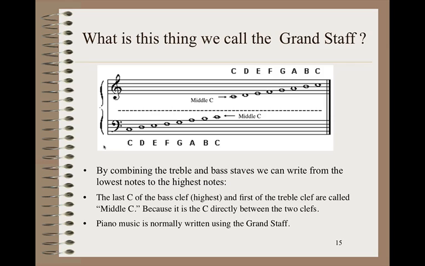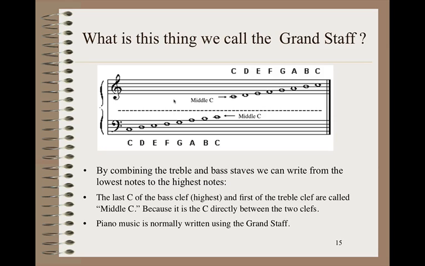Now, the important thing to remember about the grand staff is that our musical alphabet continues through. Notice that if I start here at A, B, C, we have C over there, we have C over here, which is basically the same note. And then we continue on, D, E, F, G, and so forth.